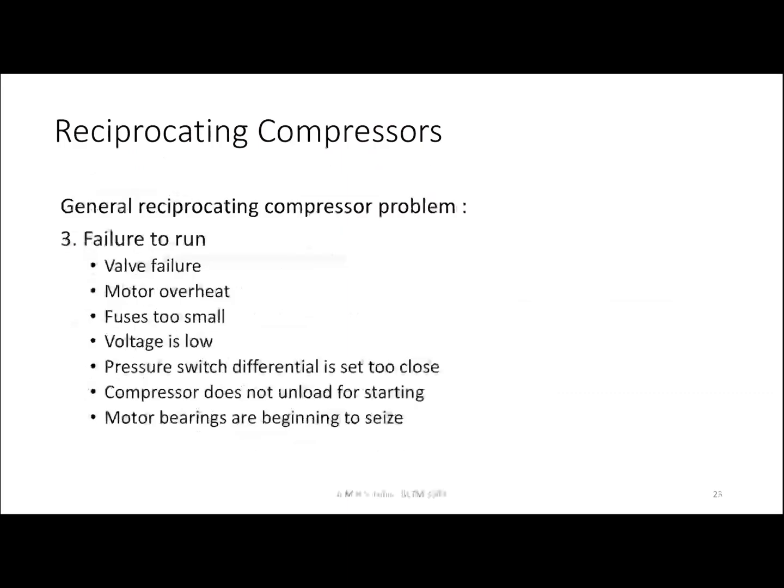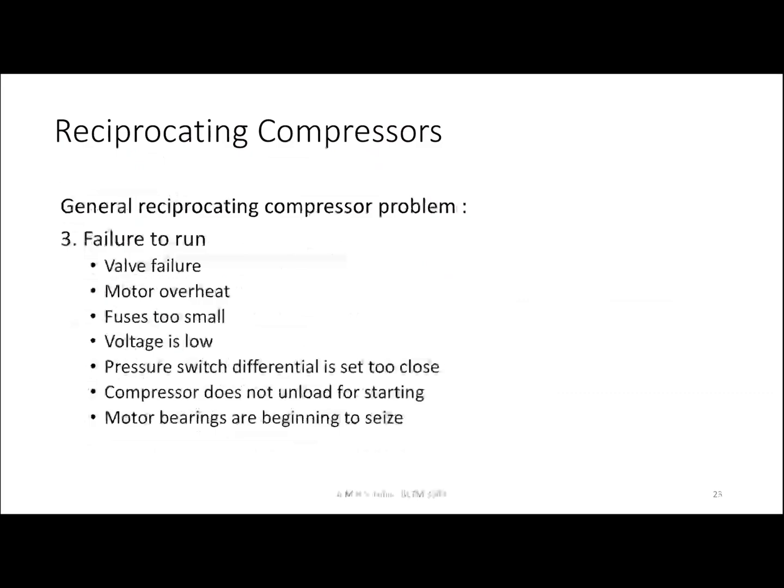And then the last problem in a compressor is if the compressor totally fails to run. The first problem is valve failure, maybe already broken, or maybe the electric motor has already overheated. Or the fuse we employ for the motor is too small, or the source voltage is low, or the pressure switch differential is set too close.